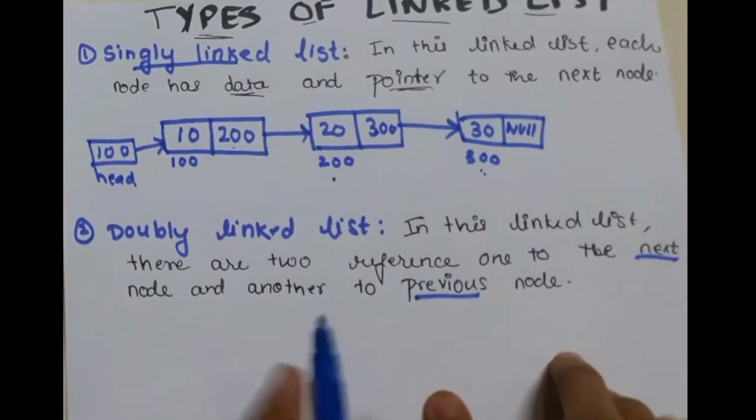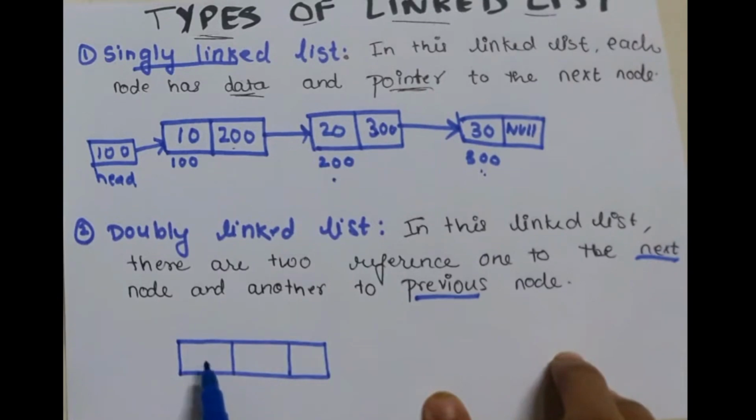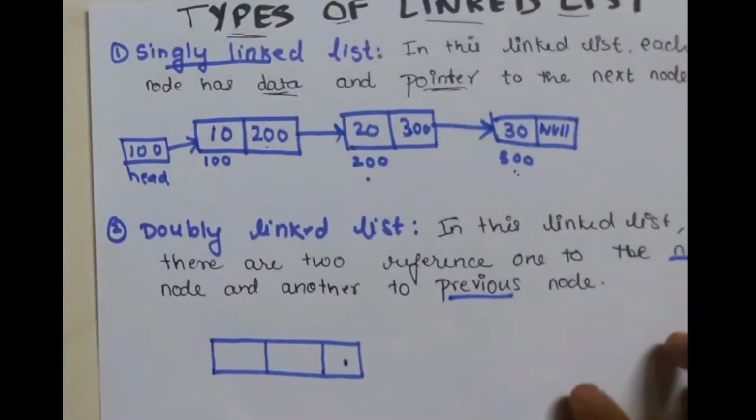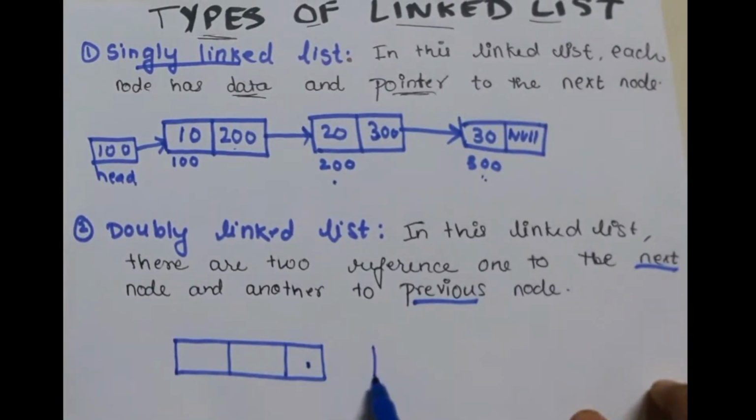So the node structure of doubly linked list consists of three fields. The middle field is for data. The first field consists of the address of previous node and the third field, it consists of the address of the next node.